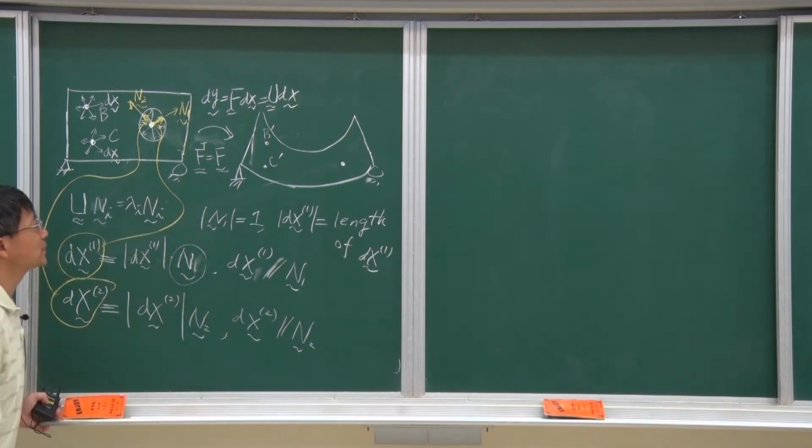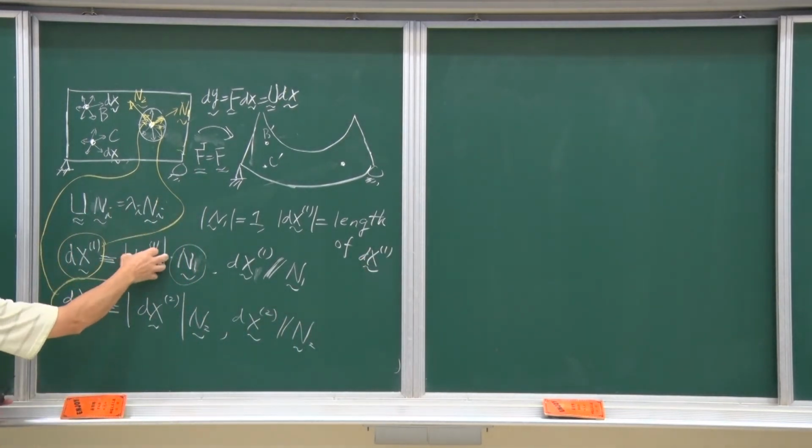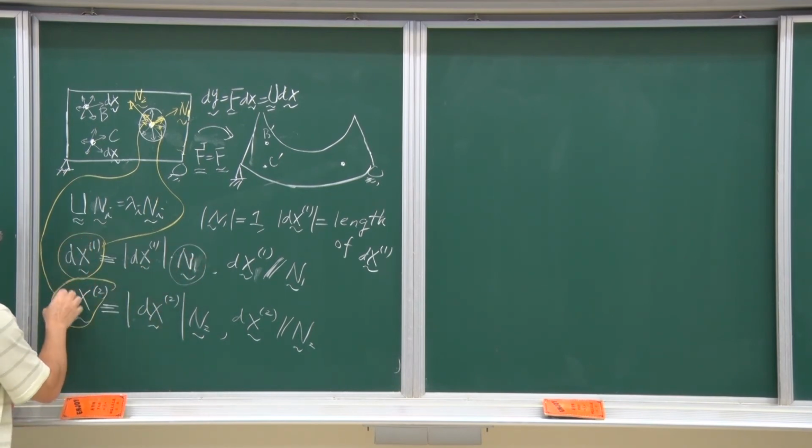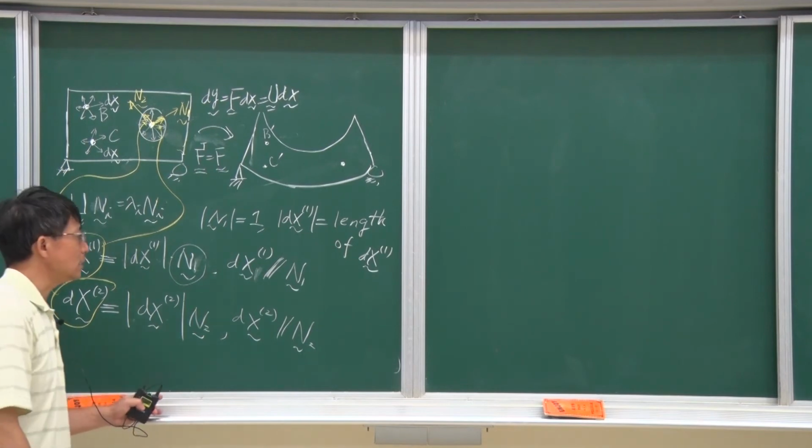Okay, is it simple? This is the length of this vector, and this is the direction of this vector. Length of this vector, direction of this vector. Okay, do you understand the symbol now? I think you understand. Okay, and then we consider the deformation.